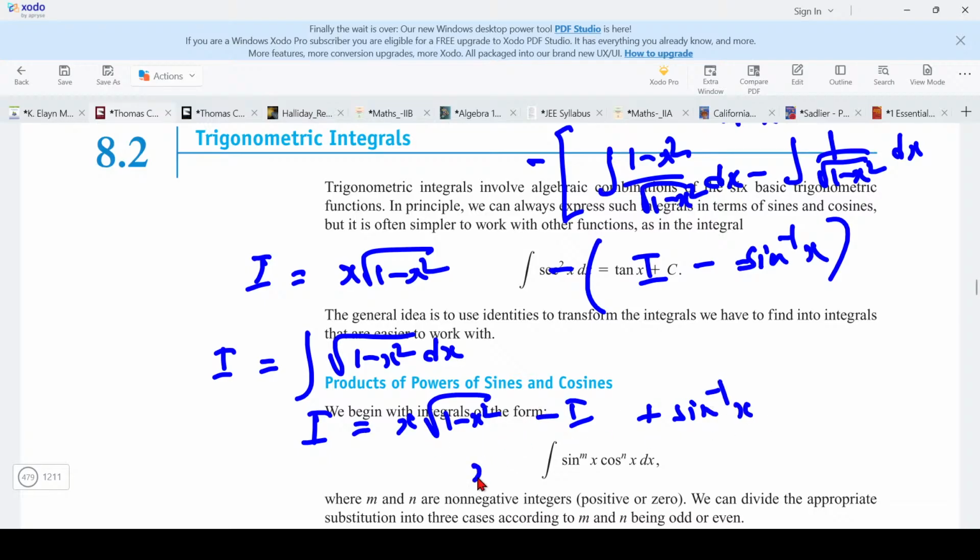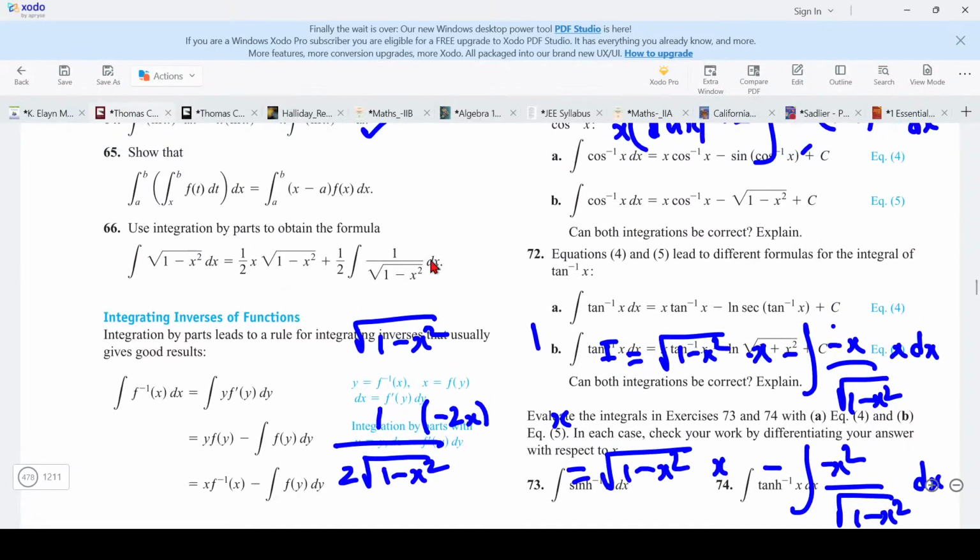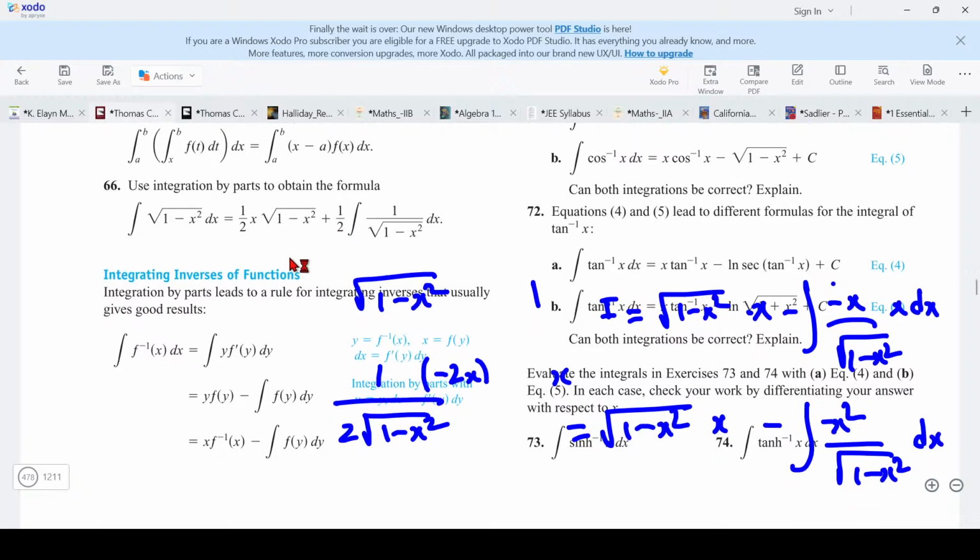So I becomes x under root 1 minus x square plus sine inverse x, whole of this by 2, plus some constant. Got it now? Yes, sir. Okay, so he stopped at sine inverse x, he has done till this part only. Understood now?